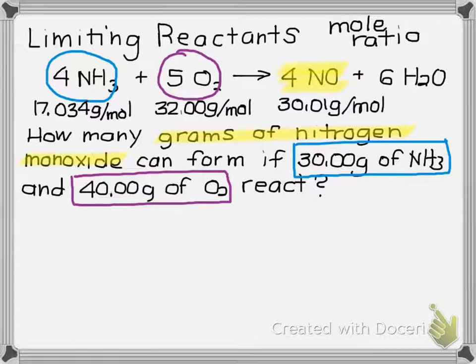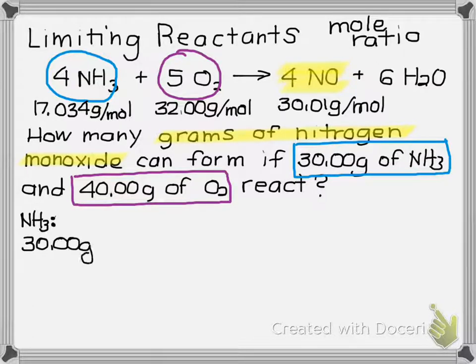Now, really, a limiting reactant problem is like doing two mass-to-mass calculations and then comparing your results. So what I'm going to do first is start with the ammonia, and figure out how much of the NO that 30 grams of ammonia will make.